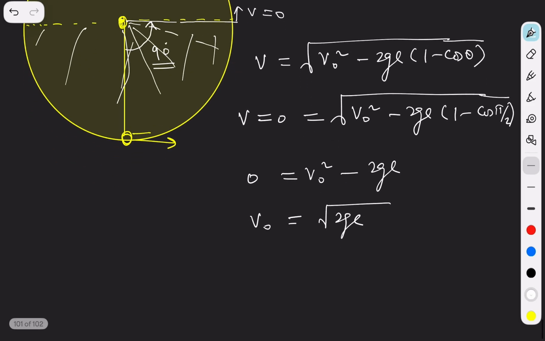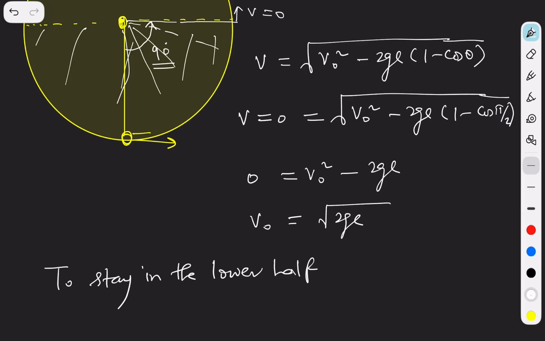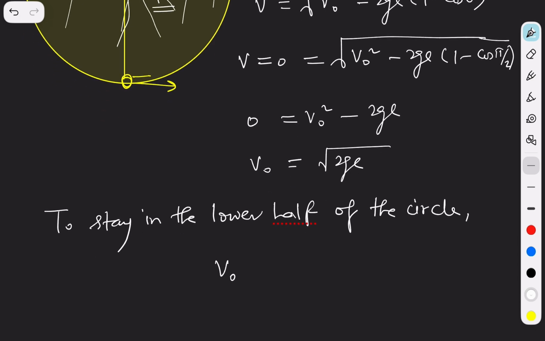Okay, so to stay in the lower half of the circle, v naught max should never be greater than root 2gl.